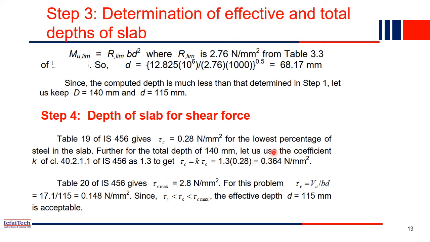Whereas our slab can take up to 0.364. So what our slab can take is very high compared to the applied shear stress. So the depth of 115 millimeter is acceptable and there is no problem. So step 4 is also over.